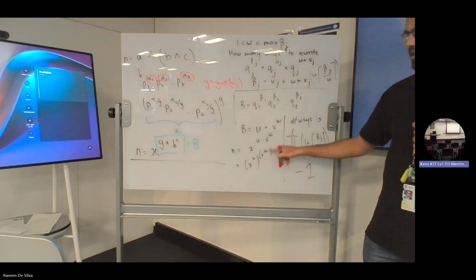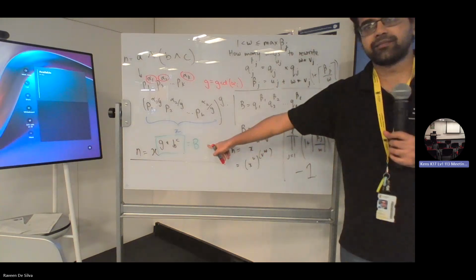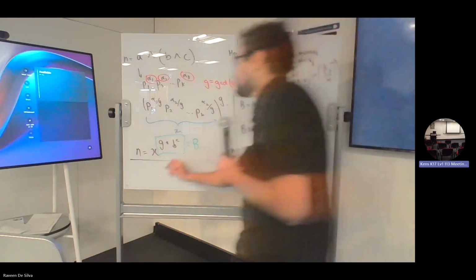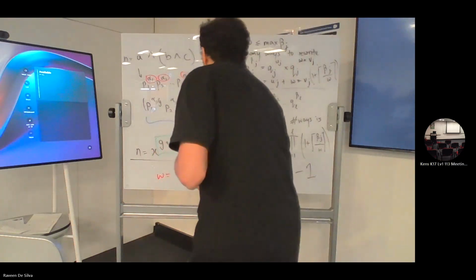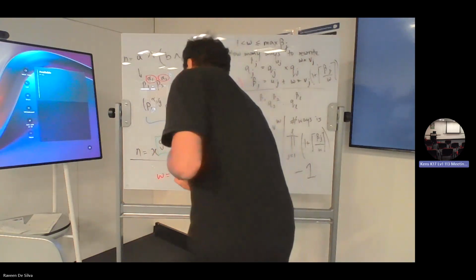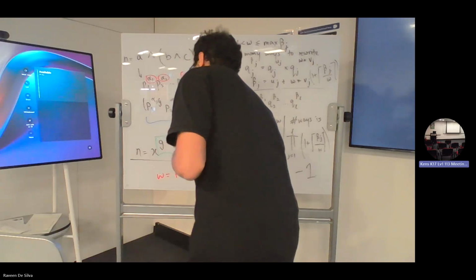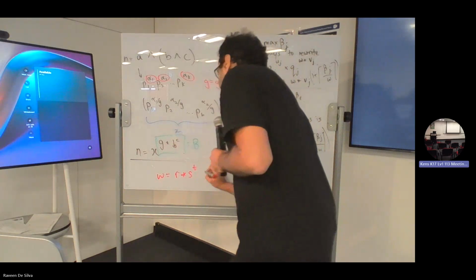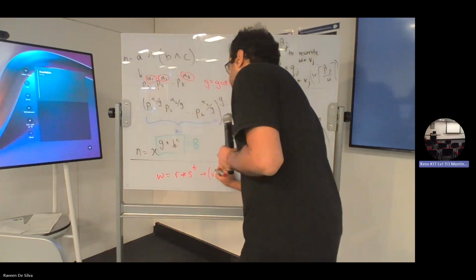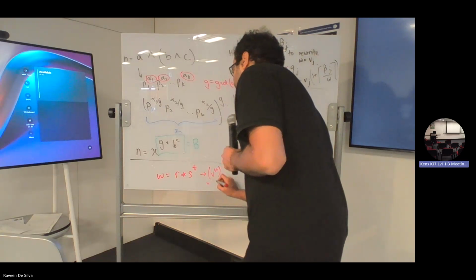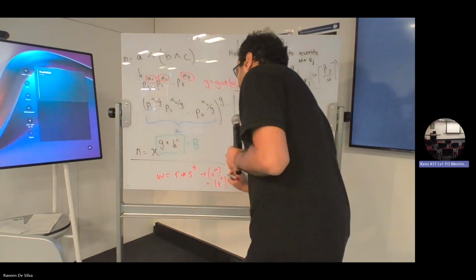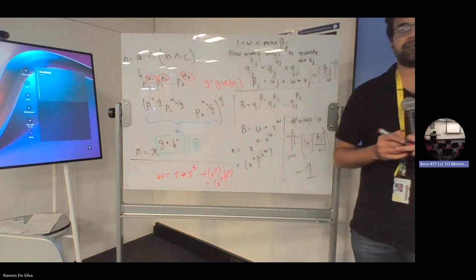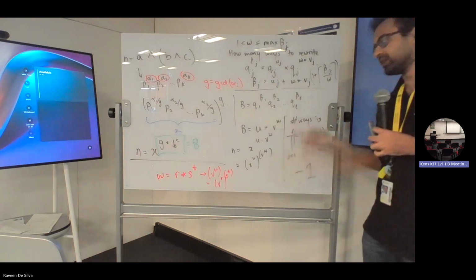Then you think of W like you did B here. If W could be written as R times S to the T, then V to the W would be V to the R to the power S to the T. So you recurse with W taking the place of the V.